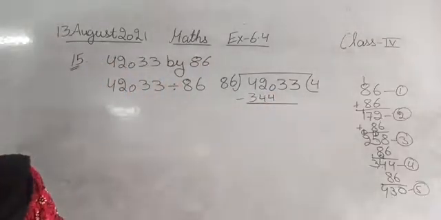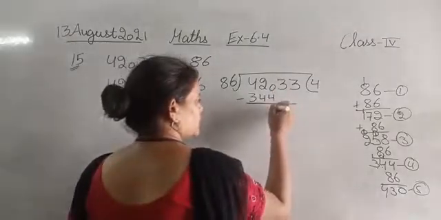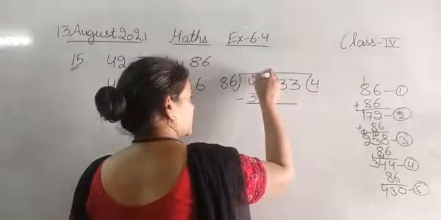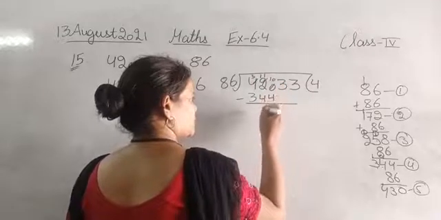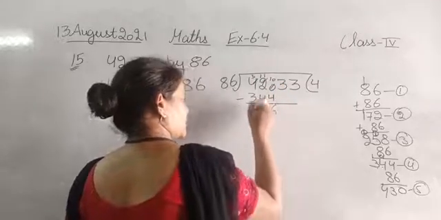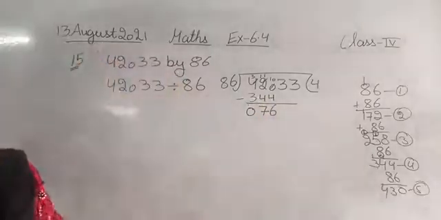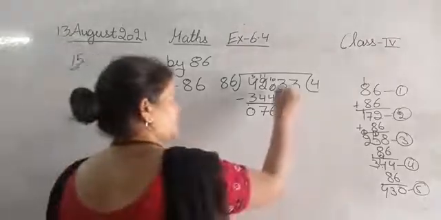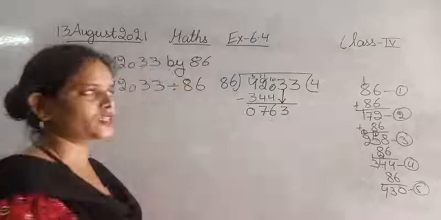Subtracting, 420 minus 344, we got 76. Now let's bring down the next number, that is 3.